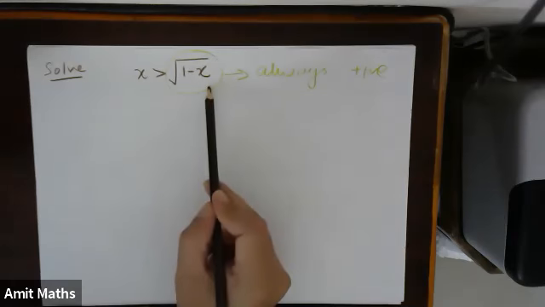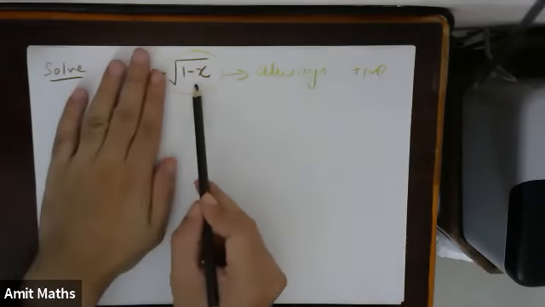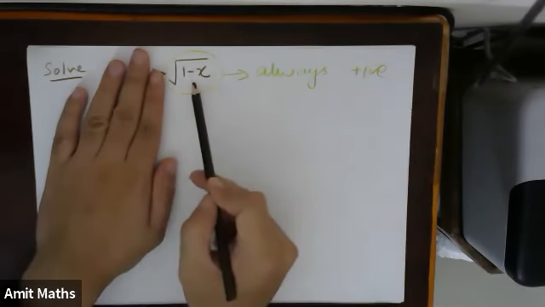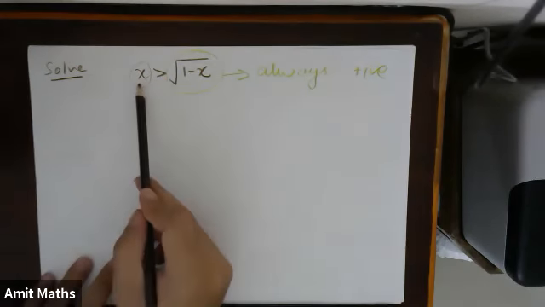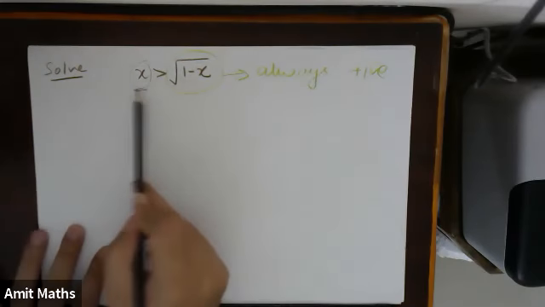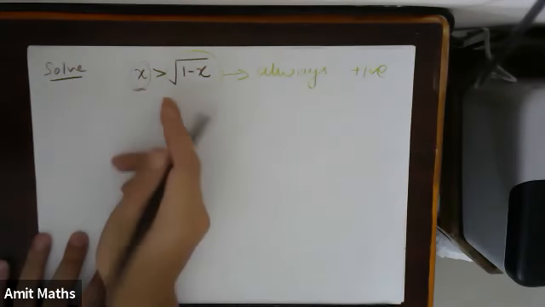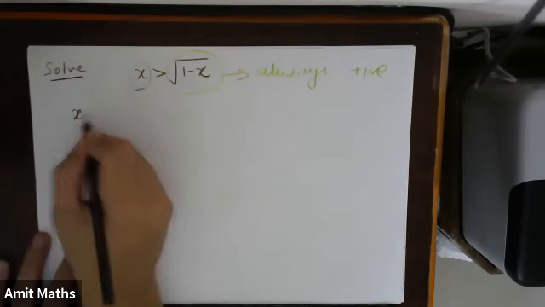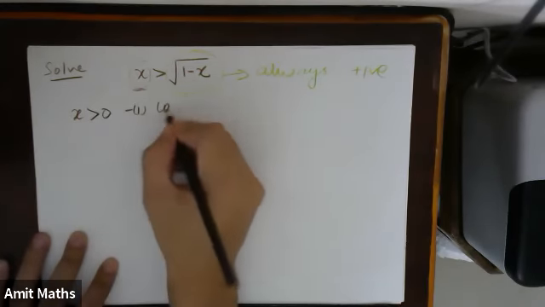If the left hand side is positive and it is greater than x, I know the root of something will always be positive, so this has to be positive too. But suppose x is negative, negative cannot be greater than positive. So the right hand side also has to be greater than 0. So the first condition is that x has to be greater than 0. This is the first condition on x.